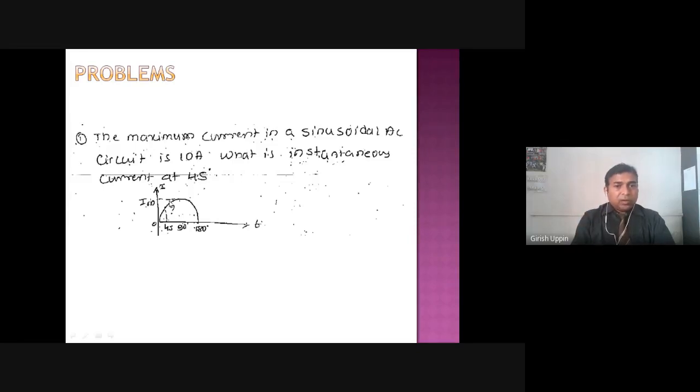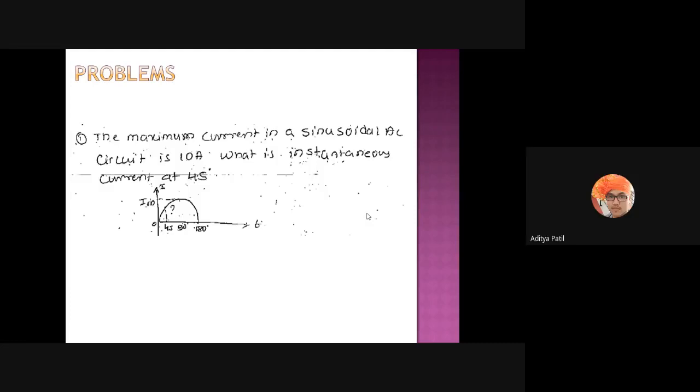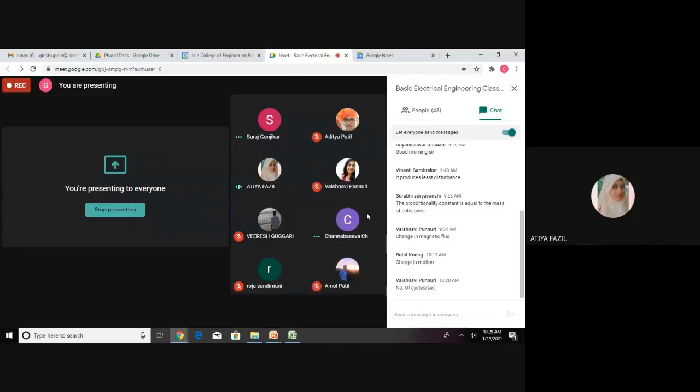Can you calculate? Already you have i is equal to Im sin theta. Can you find what would be the i if theta is equal to 45 degrees? What is the answer? 7.07, very good.